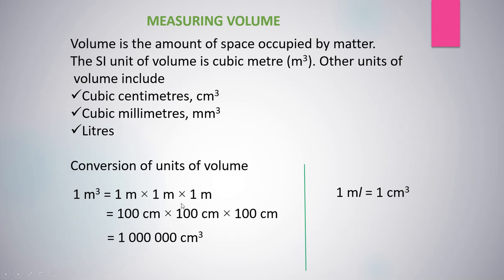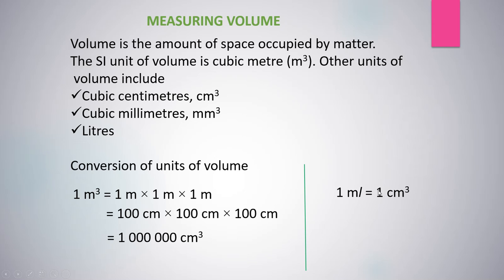Okay, but also remember that 1 milliliter is the same as 1 cubic centimeter. 1 milliliter is equal to 1 cubic centimeter. Is the one originally being called as cc, cubic centimeter, the cc.